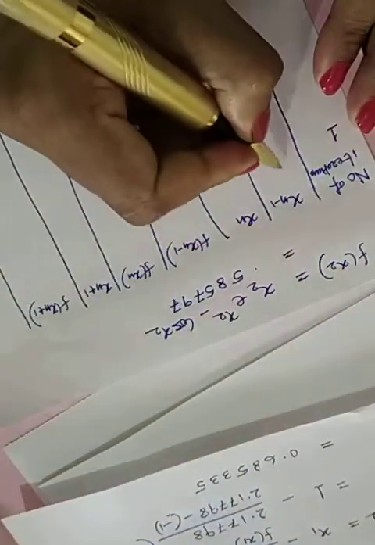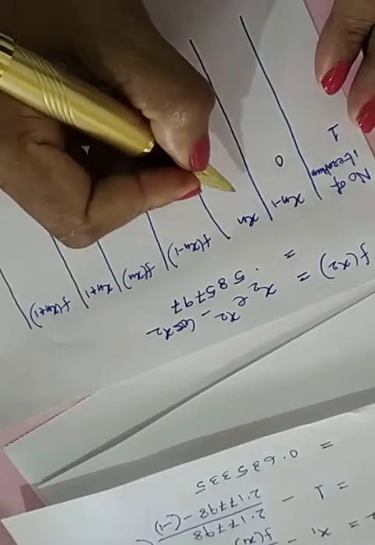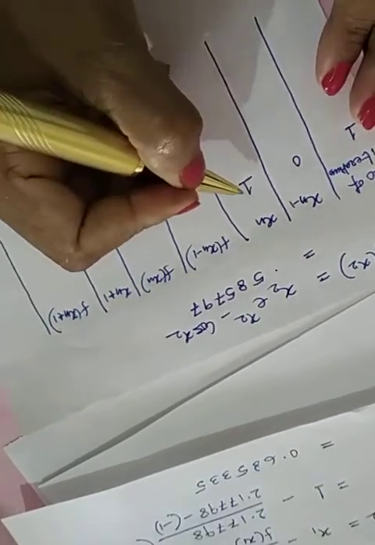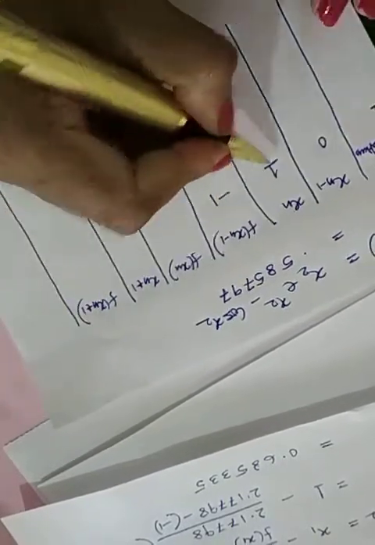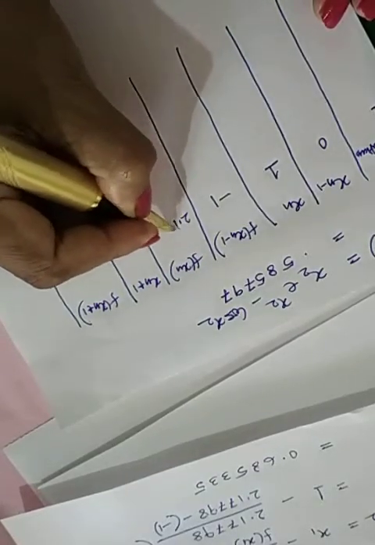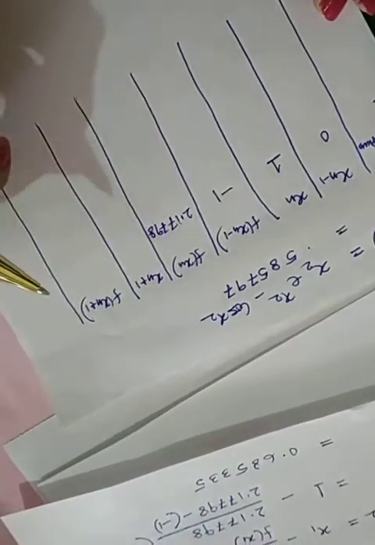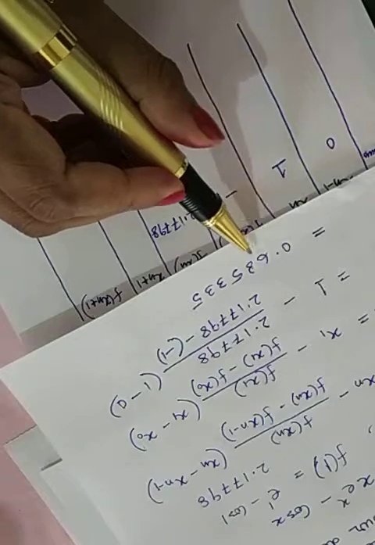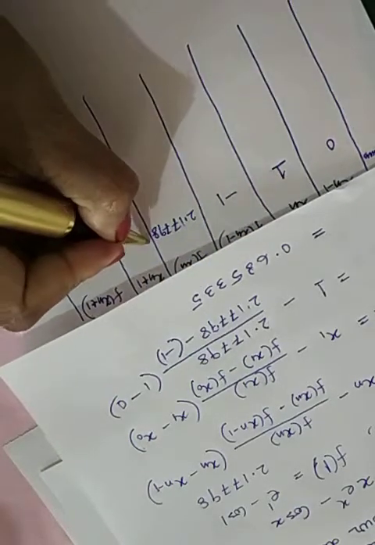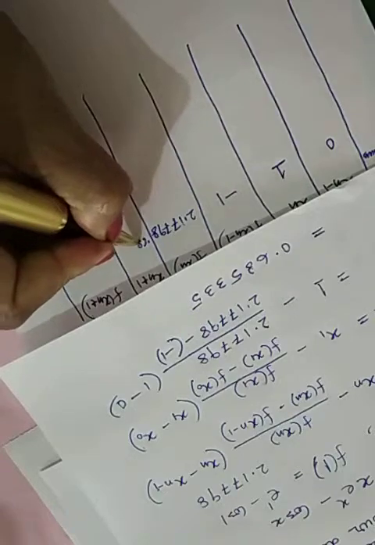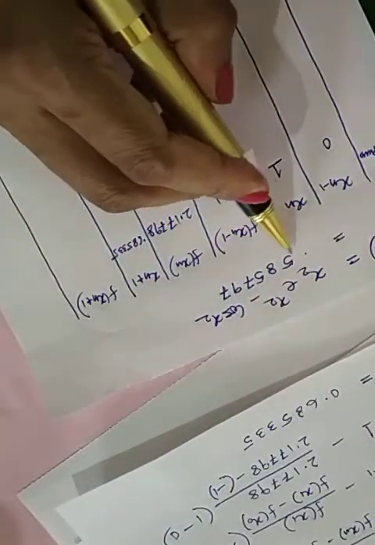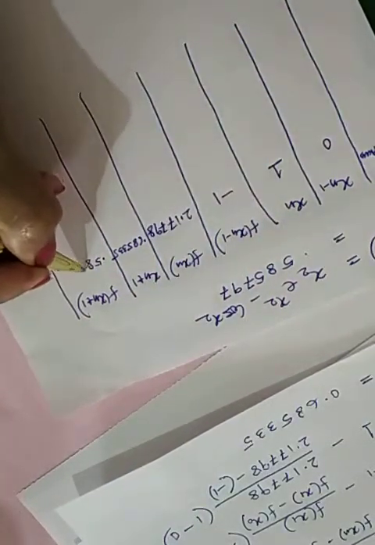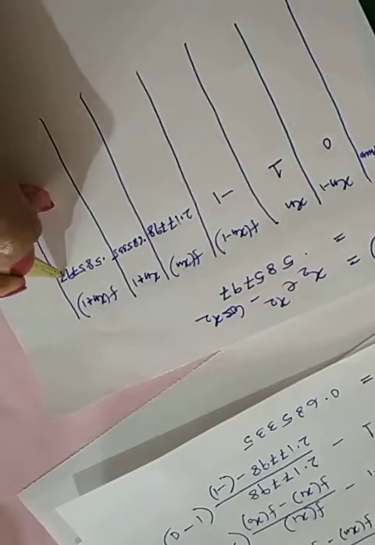The functional value for x0 is minus 1, and for 1 it is 2.17798, and x2 we have got 0.685335, and the functional value we have got is 0.585797.